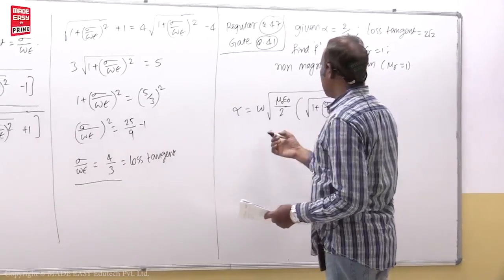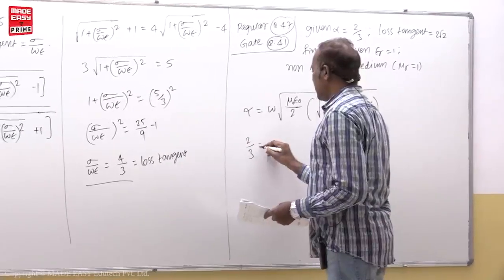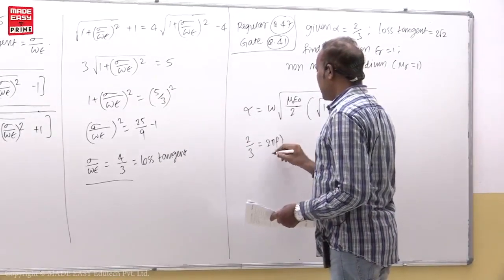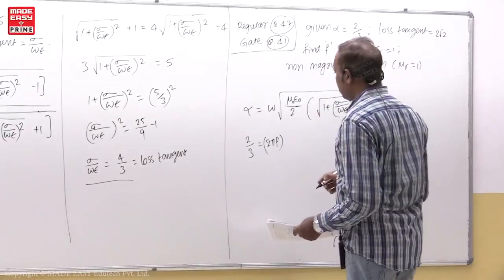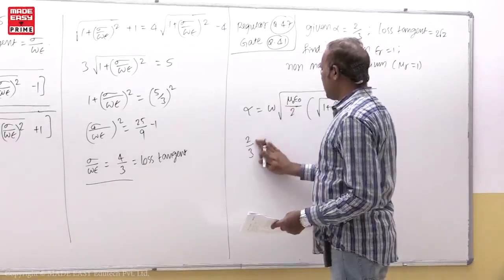We want this omega. So 2 by 3 is equal to, now omega is 2 pi f. We will send it directly to that side, it will be easier.